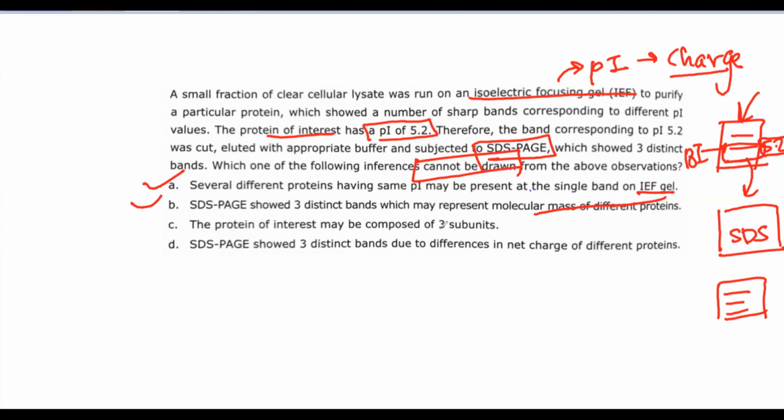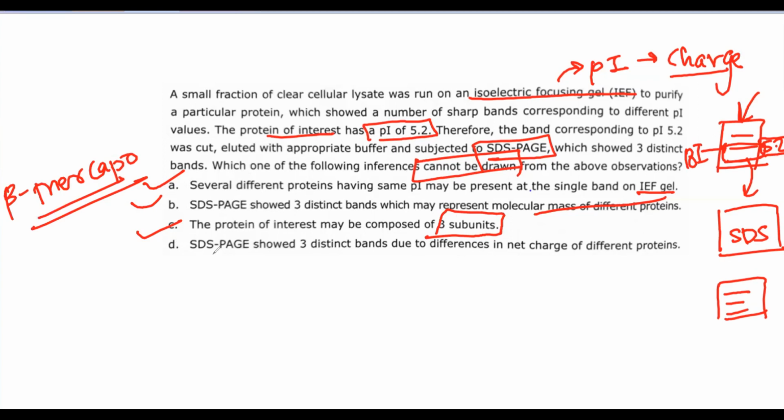The protein of interest is composed of 3 subunits. That is also possible because sodium dodecyl sulfate is a detergent, and in SDS we also add beta mercaptoethanol. So this may be breaking the disulfide bonds, that is, separating the subunits. So there are 3 subunits, therefore 3 bands. All the subunits must have different molecular masses.